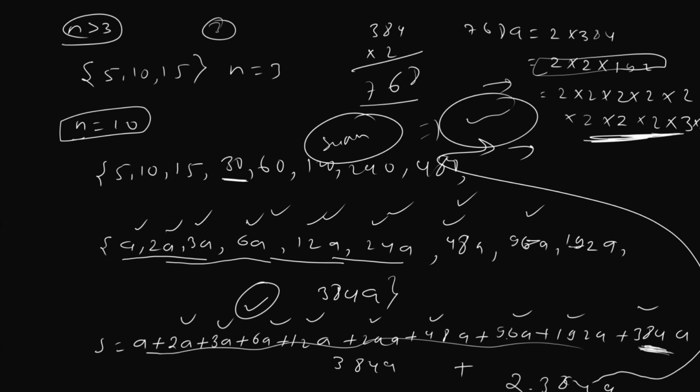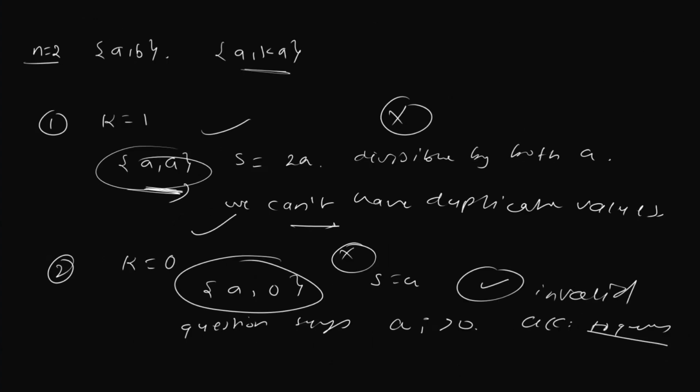Then we can have 900, 960. We can have 1820. We can have these elements where the sum of the array is divisible by each element. So this was all. I hope you understand.